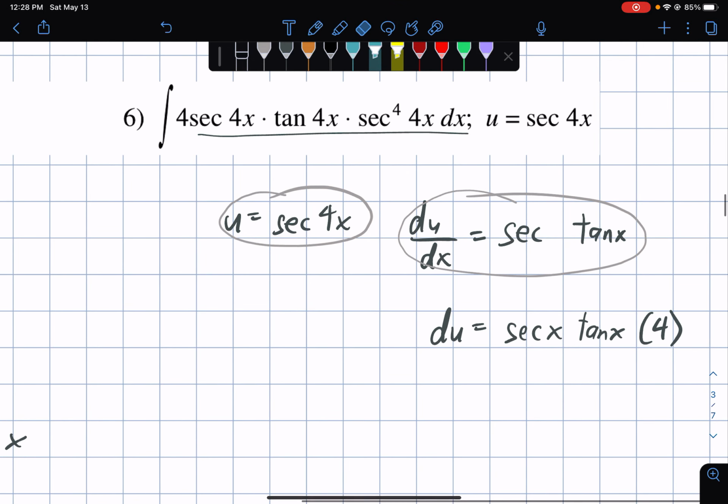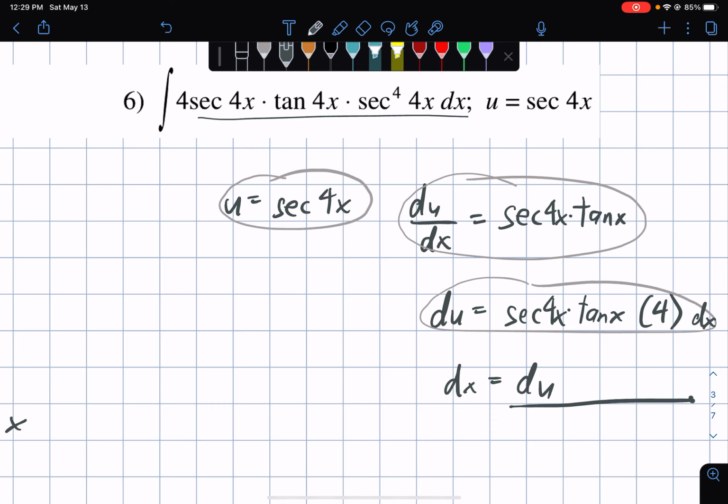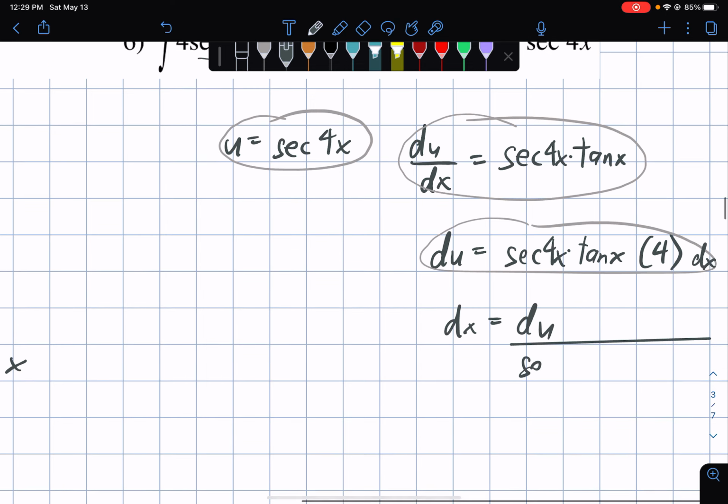I bet there's 4x here. Let's try to make sense of this kind of thing. And then for dx, it's going to be equal to du over secant 4x times tan x times 4.